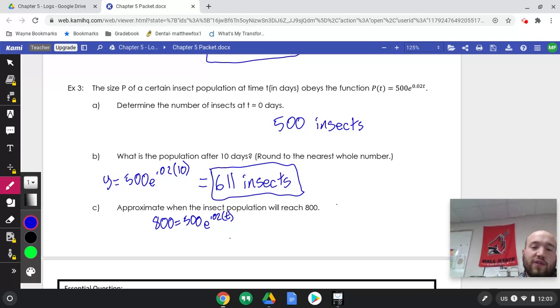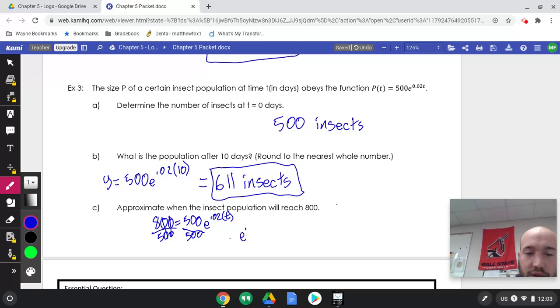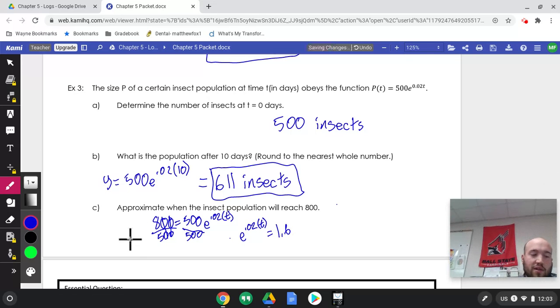So in order to solve for that t, I need to start by getting e by itself, which I can do by basic algebra. Divide by 500. Those zeros will cancel. 8 divided by 5 is 1.6. If you didn't know that, that's fine, just use a calculator. Okay, so from here, hopefully you remember, last week we talked about this. Anytime we have e, you could use a change of base, do log of 1.6 divided by log of e, or we can just use our natural log button.